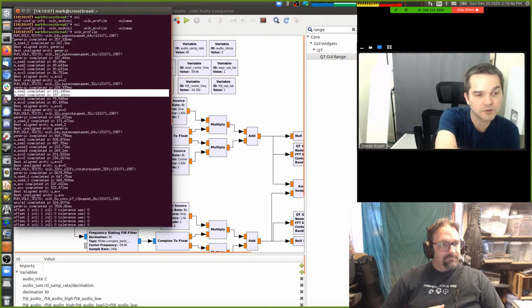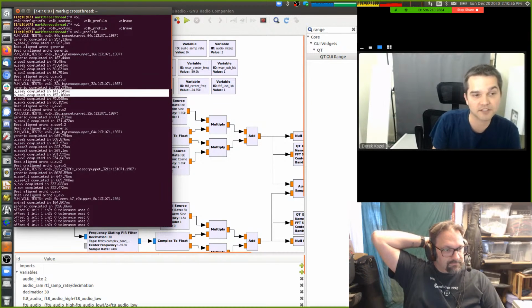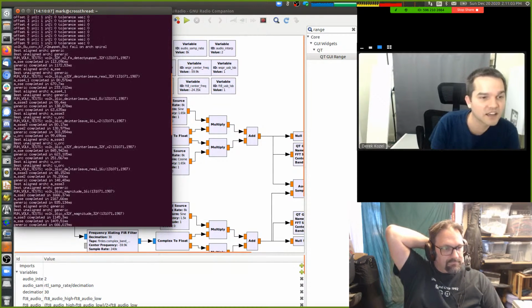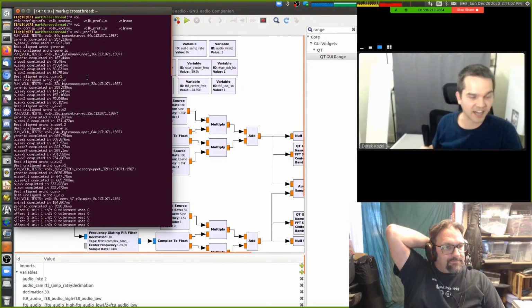The SSE2 unaligned goes 141. The aligned in SSE2 does 157. And then we get into AVX, the advanced vector extensions 2, and those go even faster. So we can get a, what is that, 80 into 250, it's a 2.5 time, 3 time speed up.